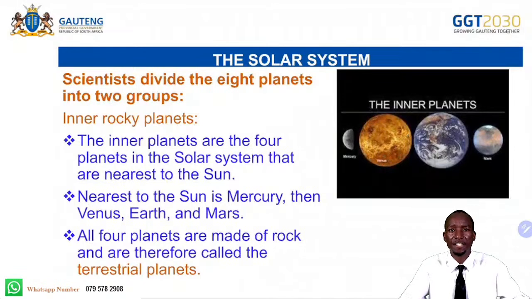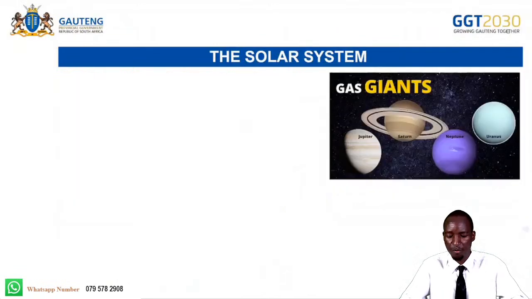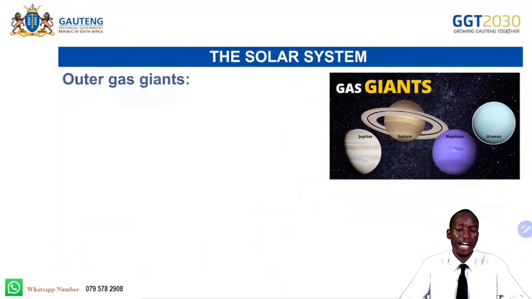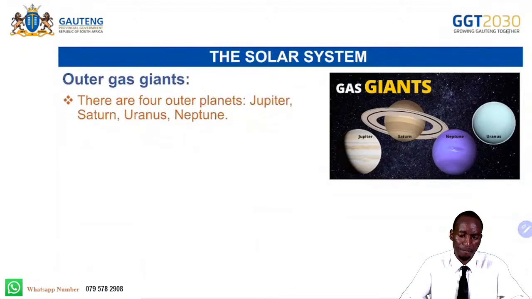Now, since we've grouped these planets into 2 groups, this was the first group. The last group of these planets are called the outer gas giants. Right, there are 4 of them, and these are Jupiter, Saturn, Uranus, and Neptune.